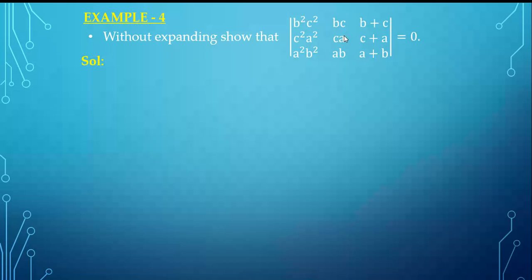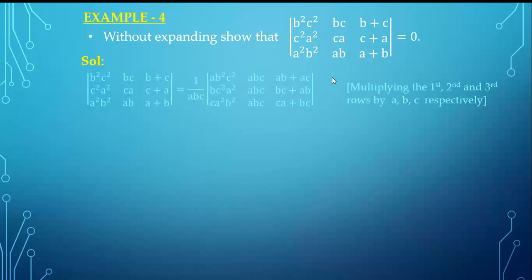Here we have the rows BC, CA, AB, right? Now suppose we multiply R1 by A, R2 by B, and R3 by C, so each becomes ABC. We can assume this.